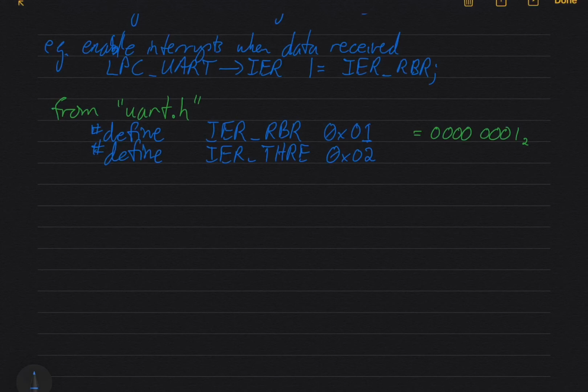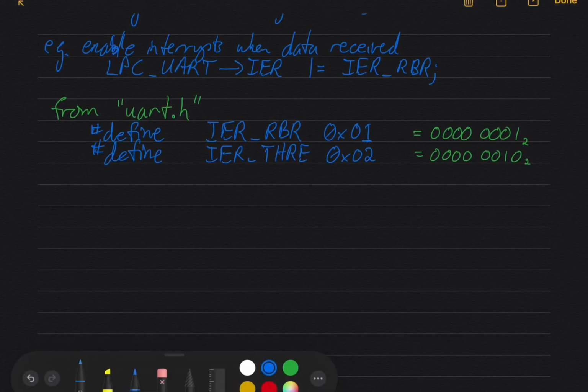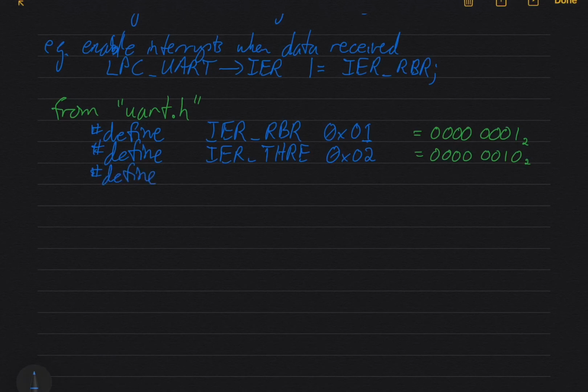So if you want to be interrupted by the I/O device when it's ready to send more data, you would set that bit in the interrupt enable register. And as a binary number, this is what it looks like. There's 2. So they're different bits.